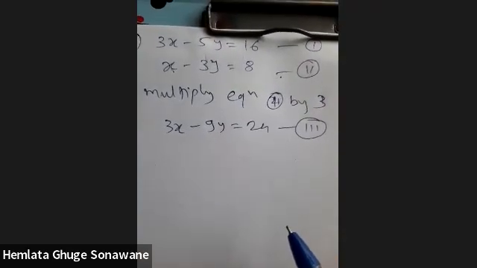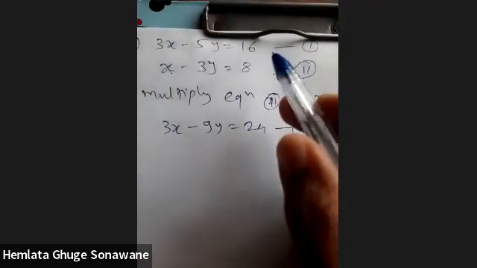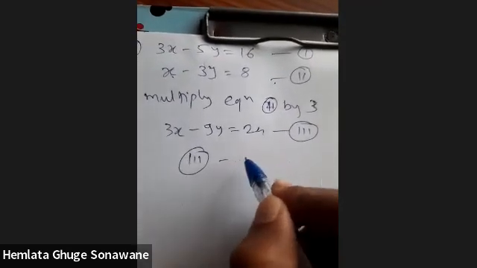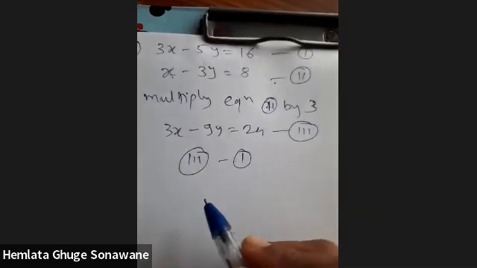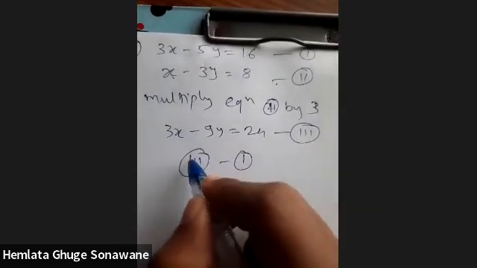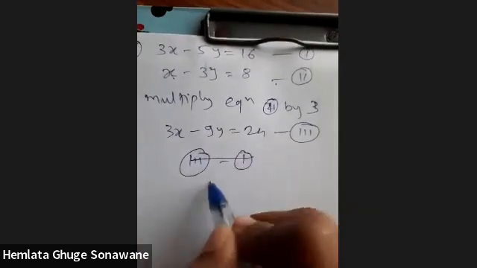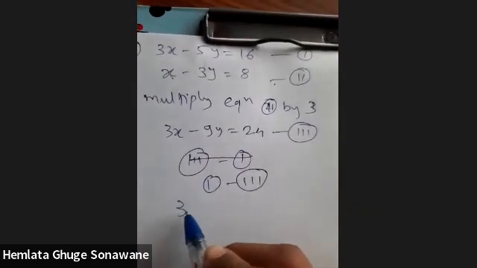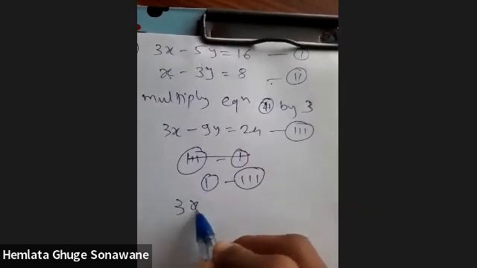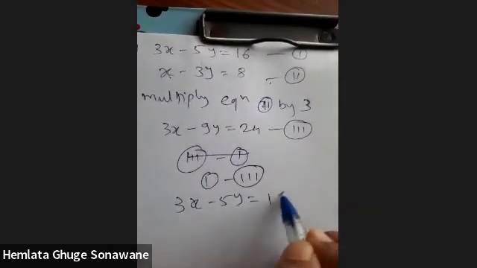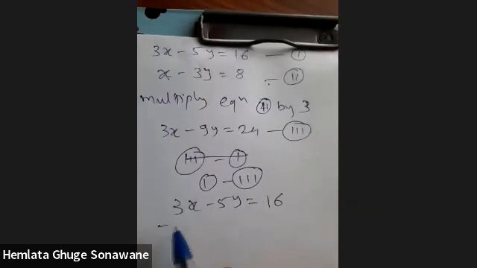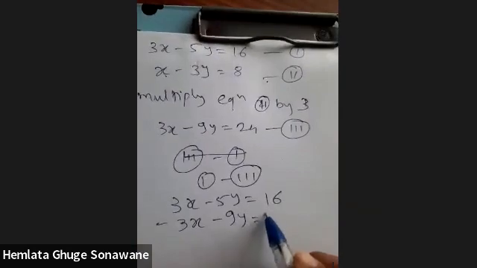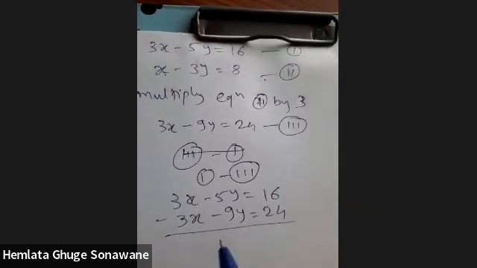I will subtract equation 3 from equation number 1. So equation number 1 minus equation number 3. Our first equation is 3x minus 5y is equal to 16, minus 3x minus 9y is equal to 24.